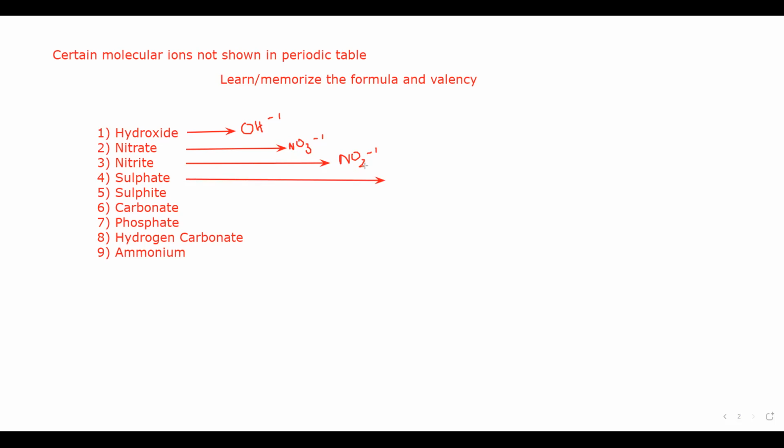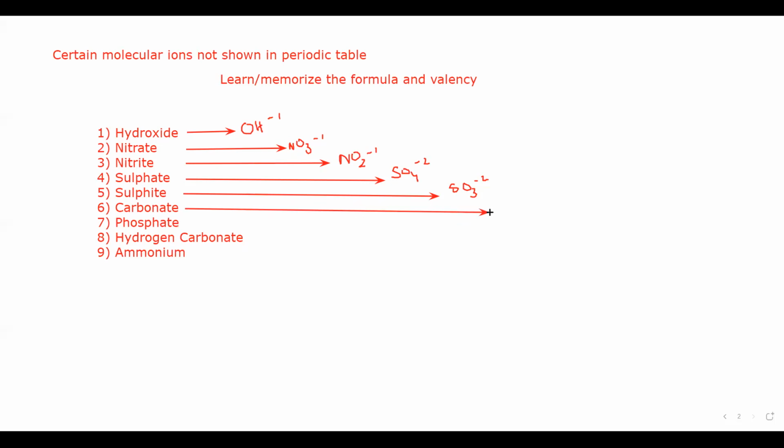Sulfate is SO4 with a valency -2. Sulfite, it means SO3 with a valency -2.